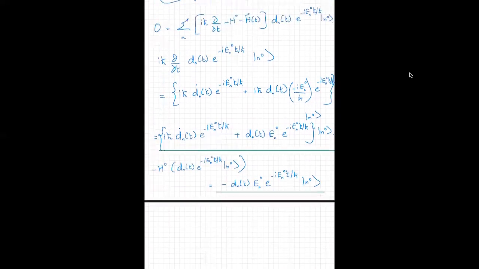Okay. And my third piece is minus H̃ d_n(t), and since I don't know how H̃ acts on these guys, I will just have to keep it as it is. There is no further simplification I can do. Okay, so the right hand side of this equation is the addition of the three underlined pieces, and you immediately see that this term cancels this term.